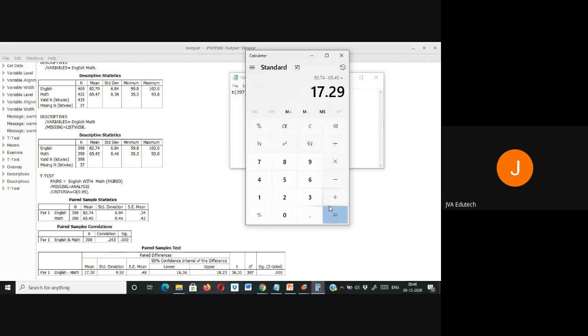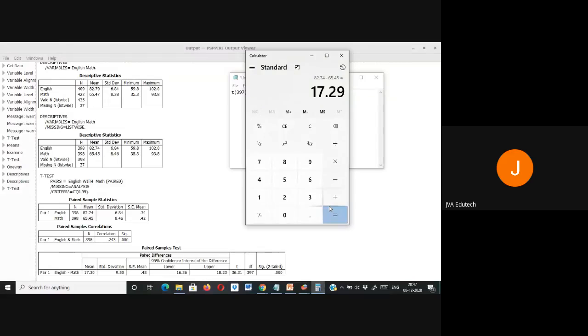Number one result, that there exists a significant difference between the students' English and the math scores. The English and math scores are weakly correlated, so it cannot be inferred that if a student is good in English, he will be good in math also.